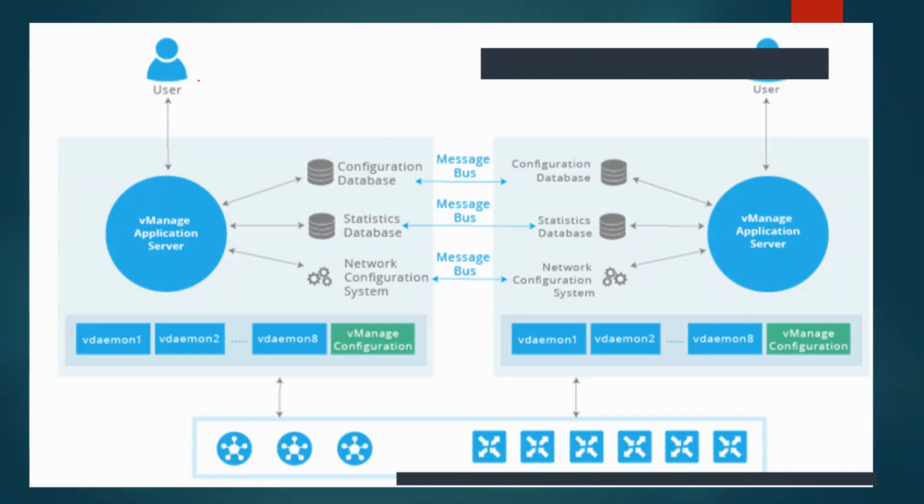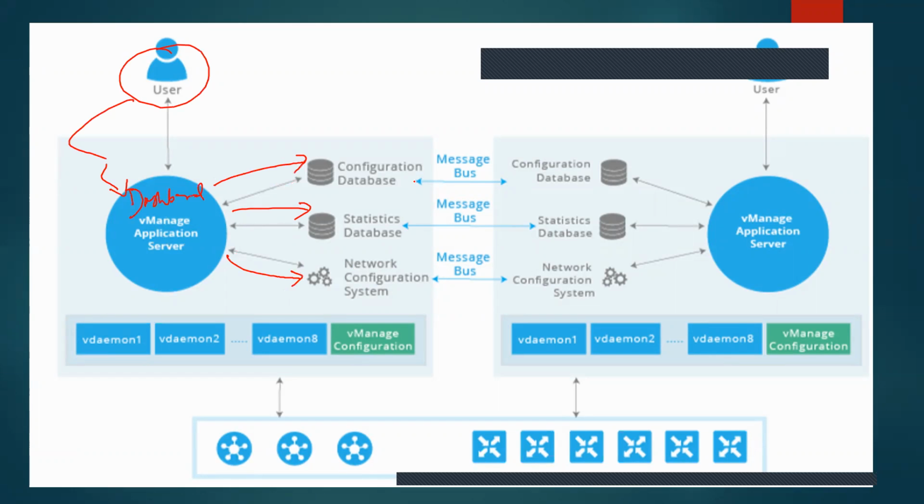You can see that we have two different vManages, and assume that they are part of a cluster. Once the user logs in, where are they logging in? They are logging in to the vManage application server. Now this application server is nothing but the dashboard. This dashboard has connections with the configuration database, statistical database, and network configuration system.